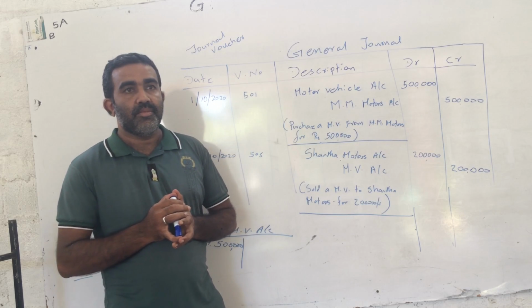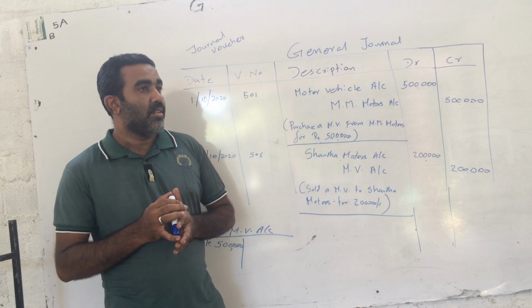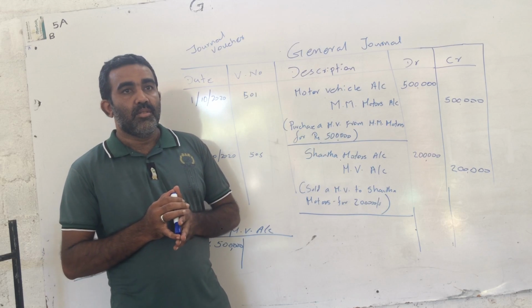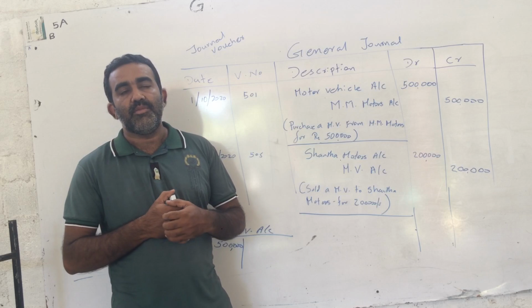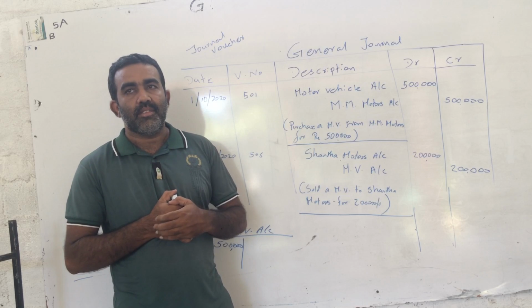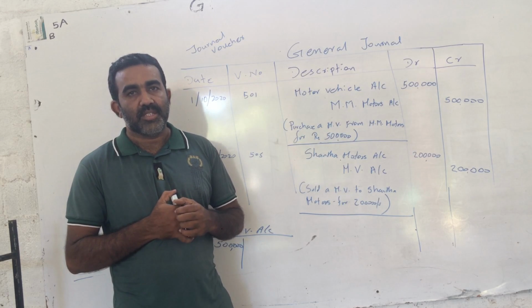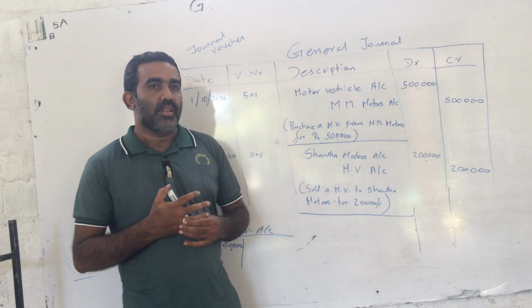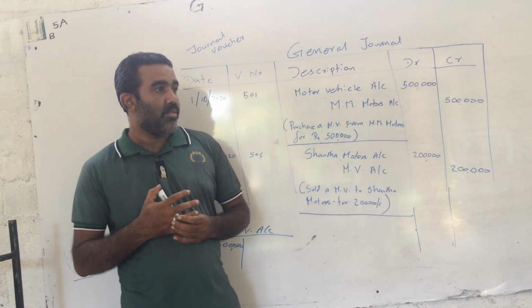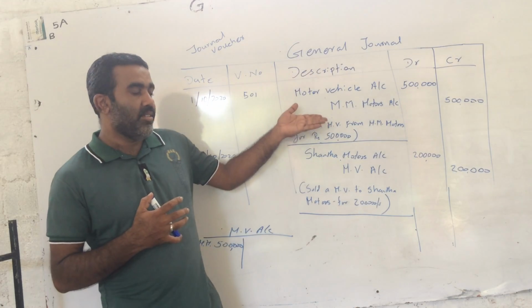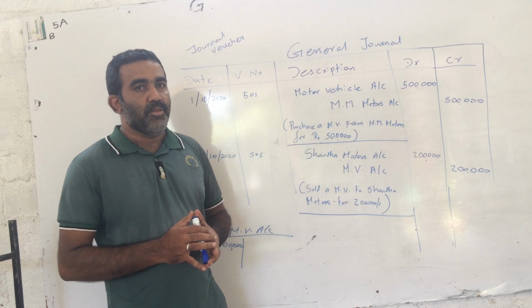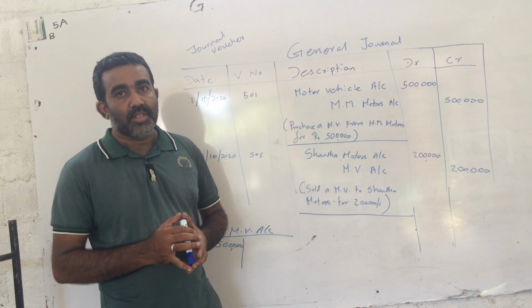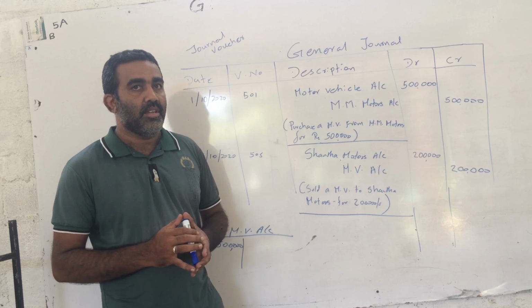Next one, Aruna sold the same motor vehicle for 250,000 as it is not suitable for the business. That's all. Enter in the same format, then copy to the relevant ledgers, complete it and send it to me on or before this Wednesday. Okay, thank you.